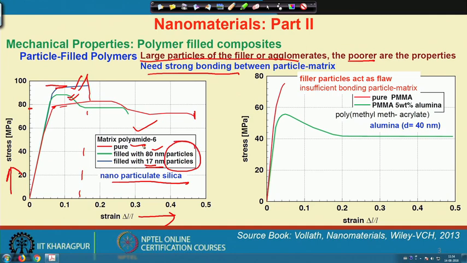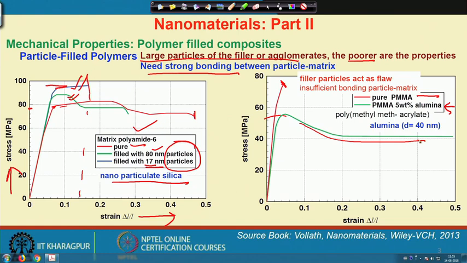Now, on the other hand, we can think about a filler particle that sometimes acts as a flaw, or insufficient bonding, which may also happen. So, pure PMMA, that is basically polymethyl methacrylate, will give you this kind of strength, whereas if you add some alumina, you can see that the strength decreases and there is a little improvement in plasticity.